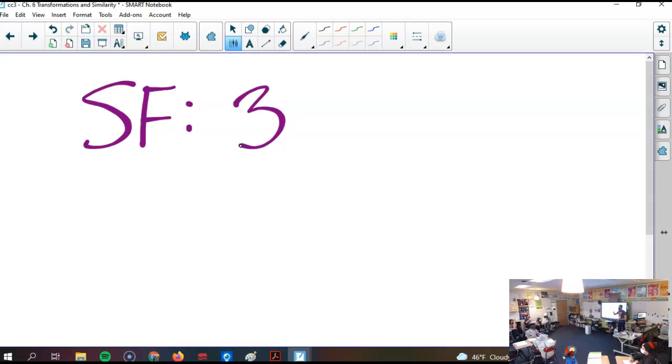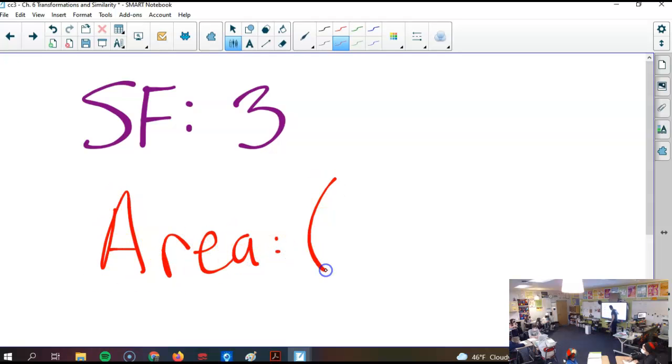So guys, the impact on area, you don't even have to learn this yet, but teachable moments are teachable moments, and you've got to take it. The area impact is the scale factor squared. Because area squares lengths, the area will square what we did to the length.